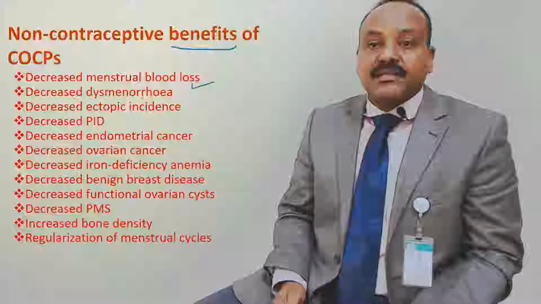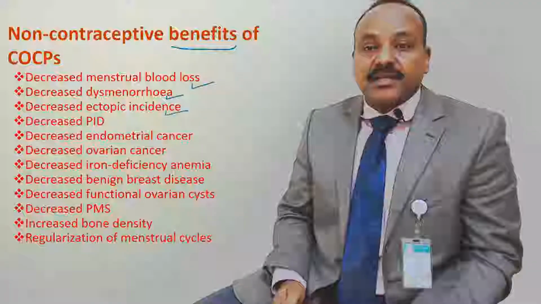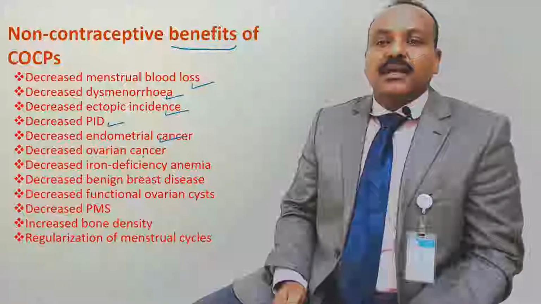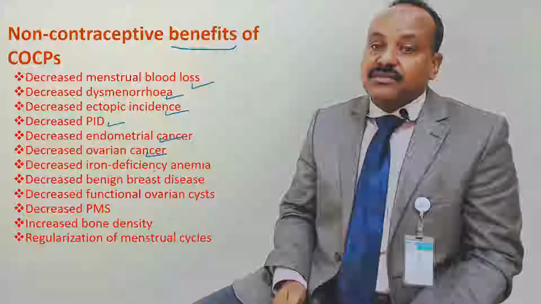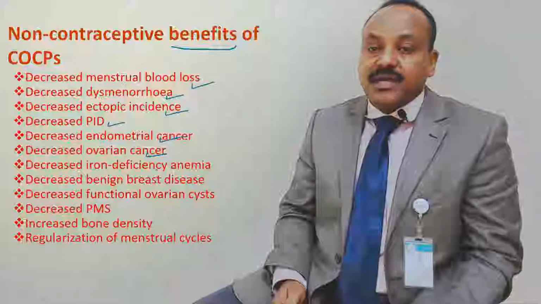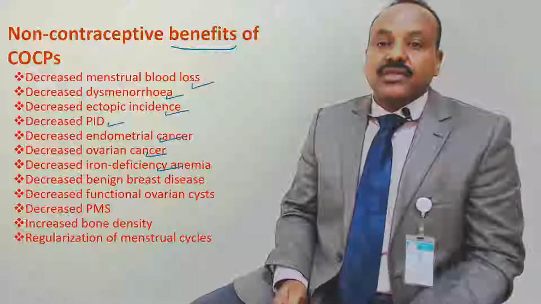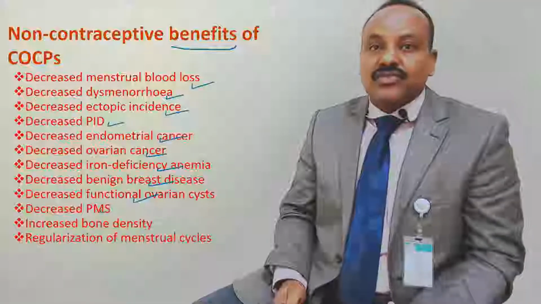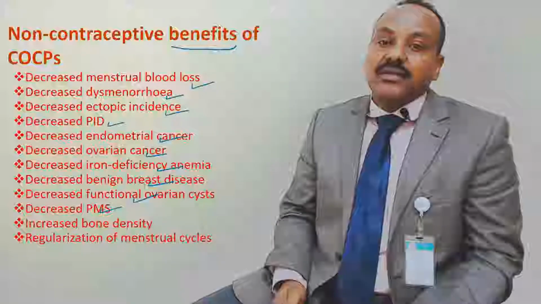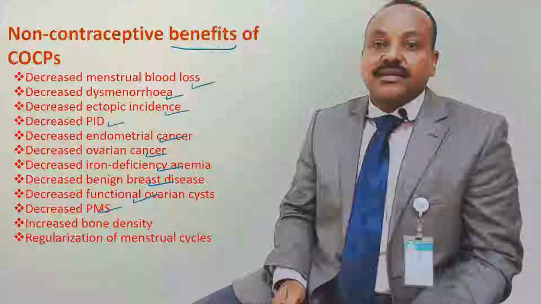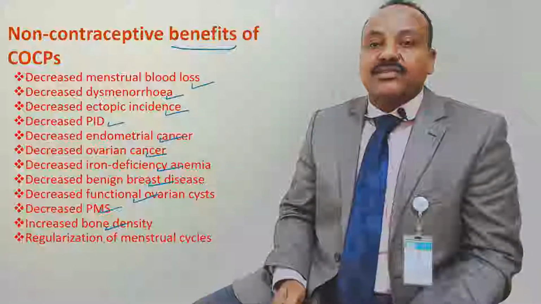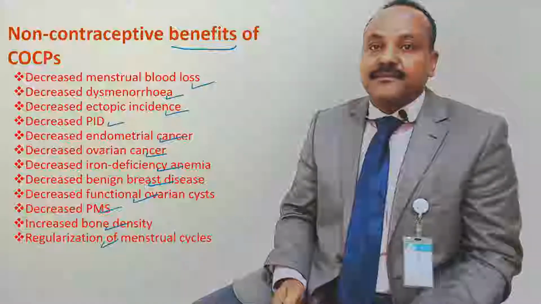Dysmenorrhea improves, ectopic incidence decreases, and pelvic inflammatory disease decreases. It is also protective for the endometrium against endometrial cancer, and protective against ovarian cancer. Iron deficiency anemia improves because it decreases the menstrual loss. Benign breast disease, functional ovarian cyst, and premenstrual syndrome are improved by using contraceptive pills. Also increased bone density and regularization of the menstrual cycle.